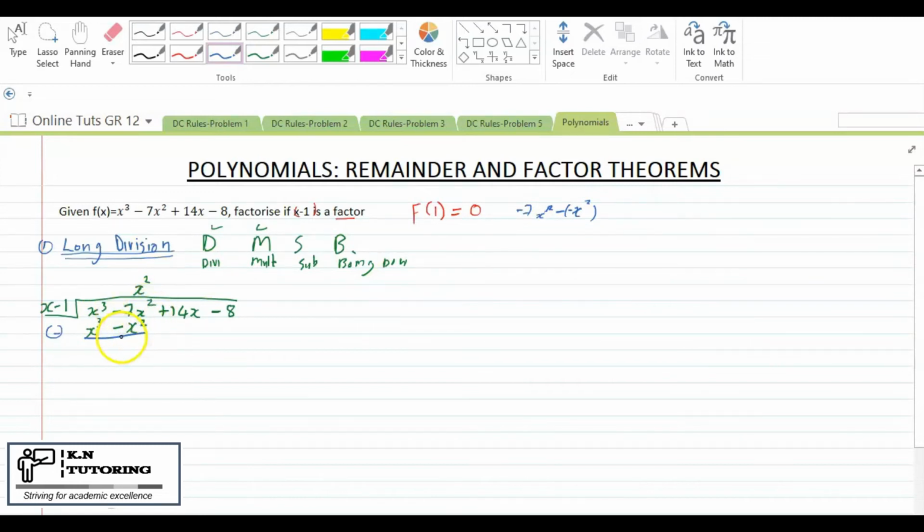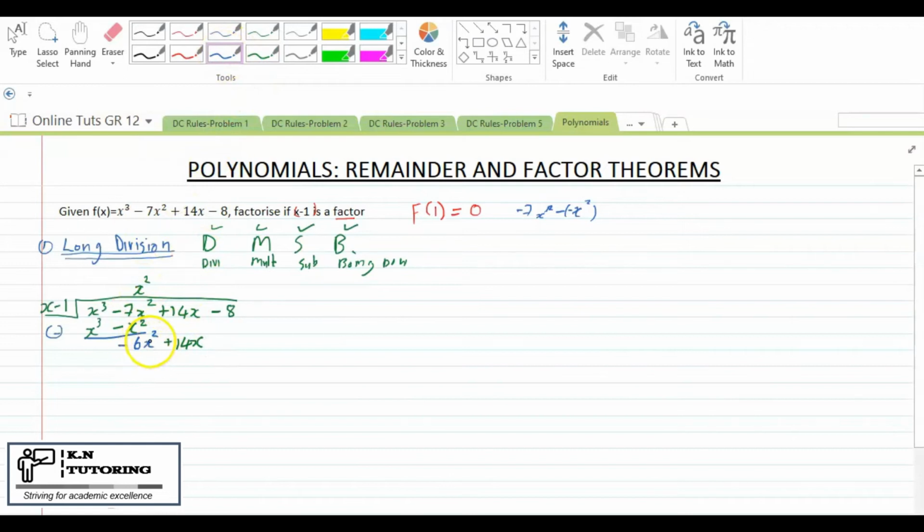Minus 7x squared minus into minus x squared will give me negative 6x squared. I'm done with subtraction. What do I do? I bring down the positive 14x.